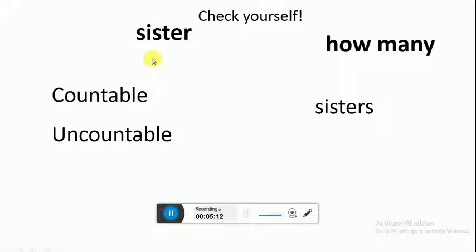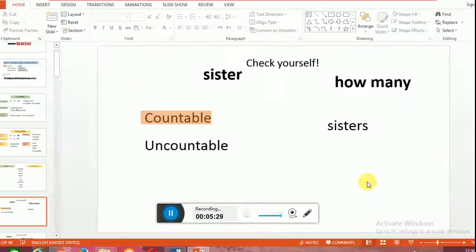What about sister? Is sister countable or uncountable? Very good. This is a countable noun. So we can ask about the plural of sister. I can say how many sisters.